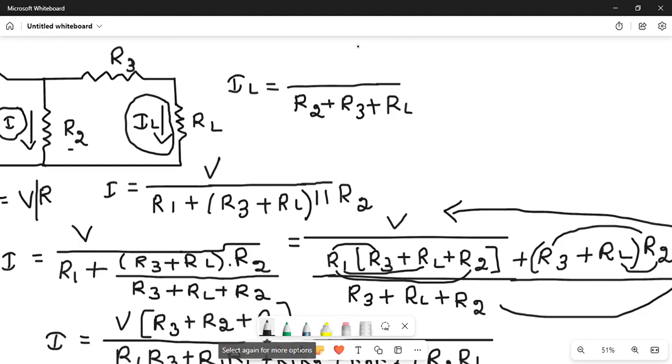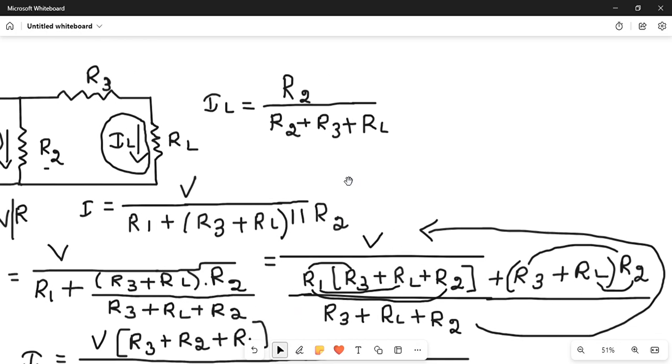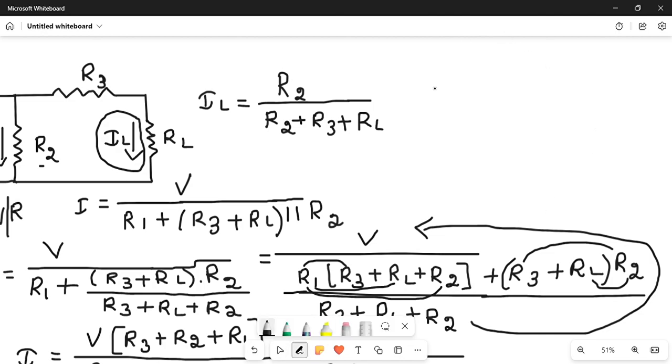I'll just directly write R2 over here, and multiply it into the I. What is the I?